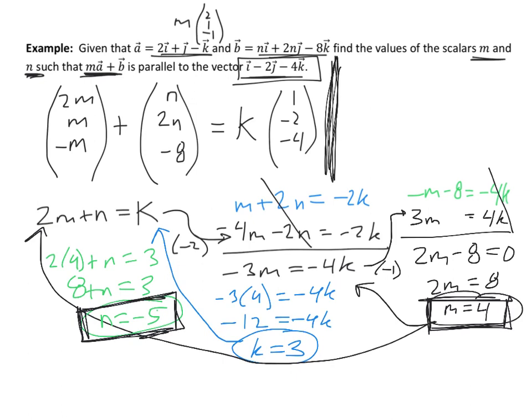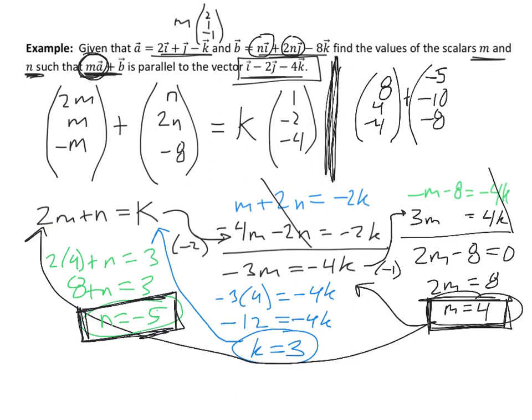If m was 4, it would mean that this ma vector would be 8, 4, negative 4. And the b vector, well, let's see here, we knew that n was negative 5, so the b vector would be negative 5, that's that, minus 10, that's from that, minus 8.